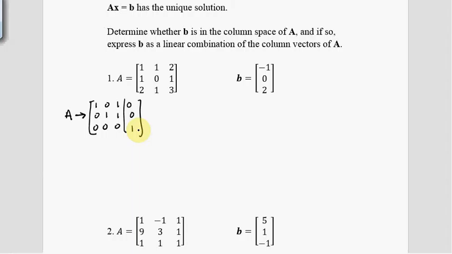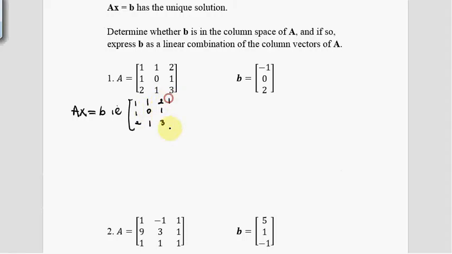I took AX equal to B and I reduced that. This is AX equal to B reduced. Now I reduce that on my graphing calculator.